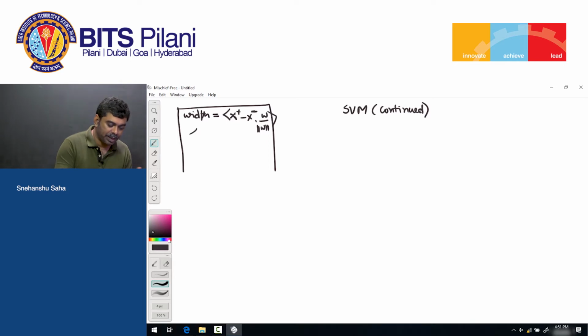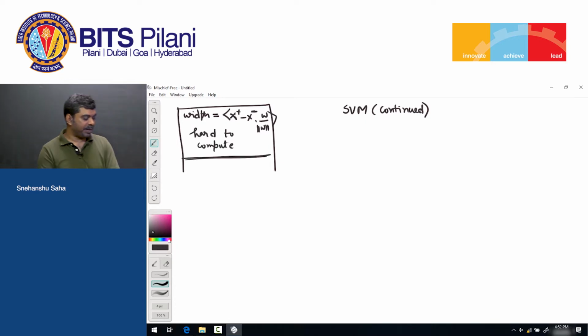so this is something that we need to simplify, because this in itself is hard to compute. So how do we simplify this? Well, we don't want examples to fall between the support vectors.